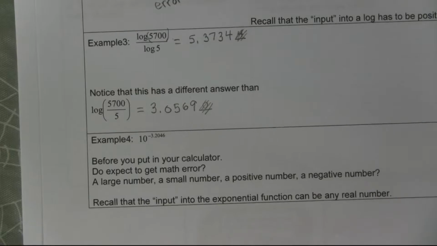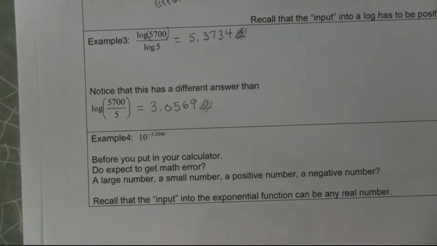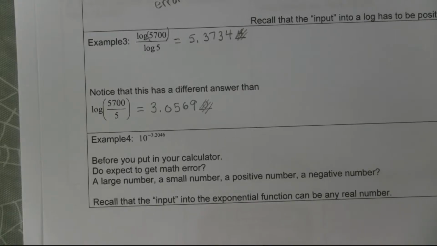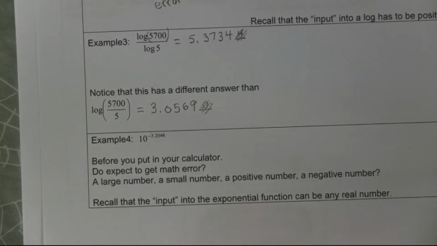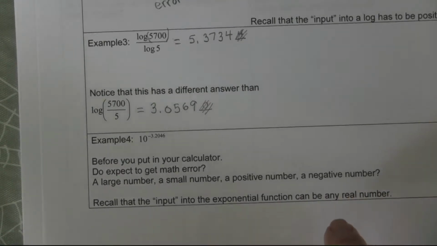Then the other example here, example 4, is using your calculator to find 10 raised to the -3.2046. Before you put it in your calculator, do you expect to get a math error? I guess that's what I'll ask you there. And so you might say, yes, I do expect, because it's not supposed to be negative.